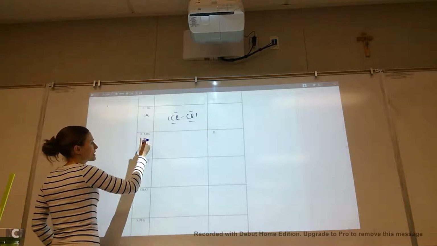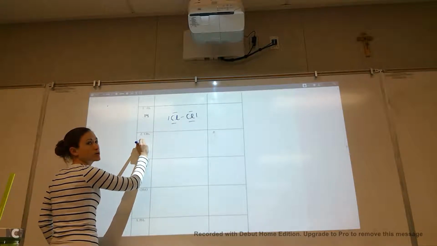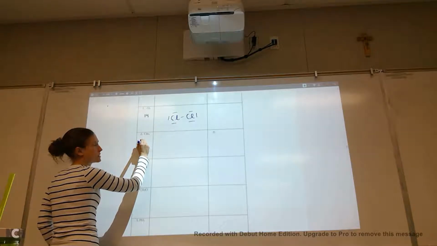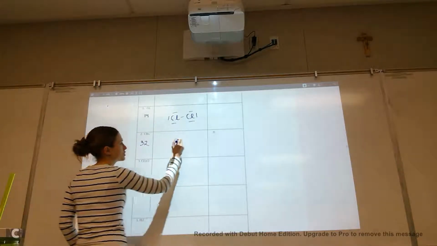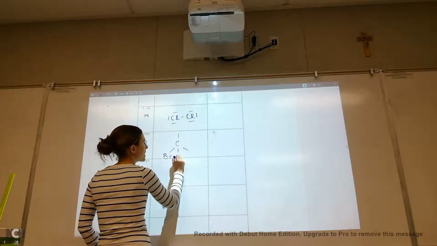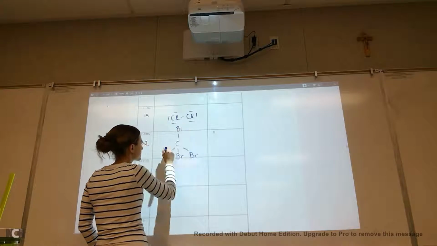CBr4, I should be using how many valence electrons? No, I'm not going to yet, because that's the next lesson. CBr4, how many valence electrons? 32. Using my model kit, I know that it should look like this.